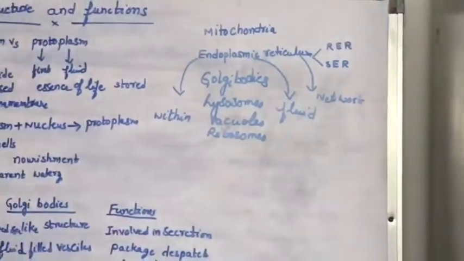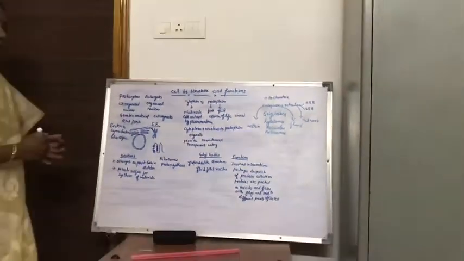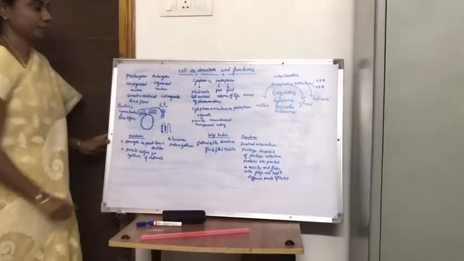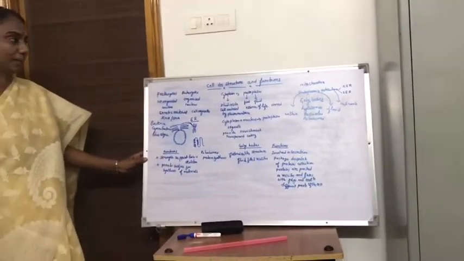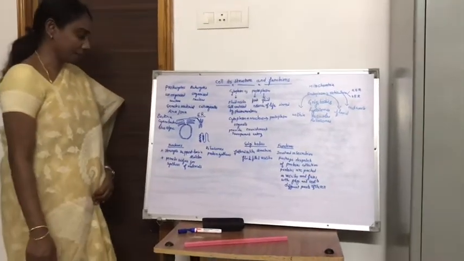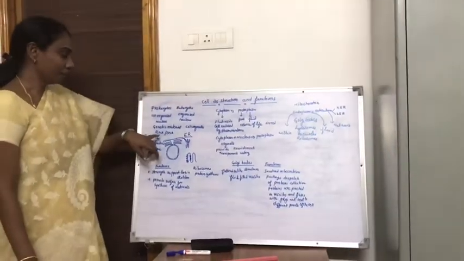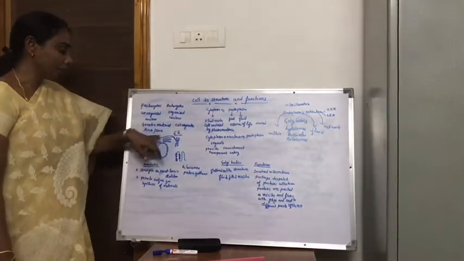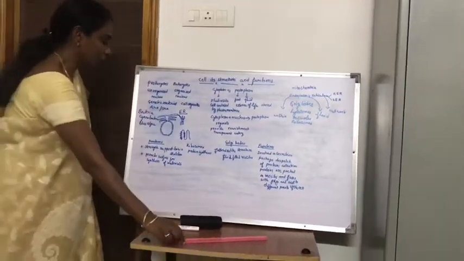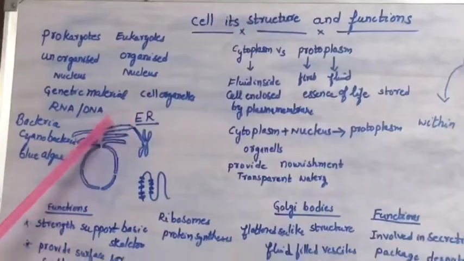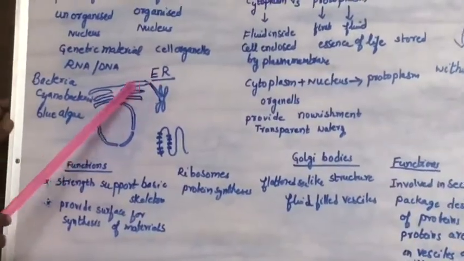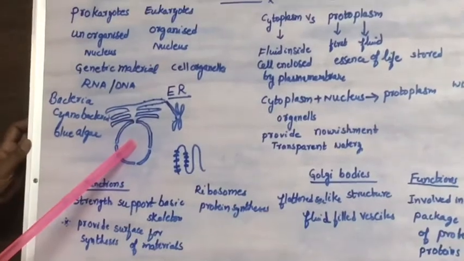So the endoplasmic reticulum is a very special structure present in the cytoplasm of the cell. Endoplasmic reticulum consists of a number of tubes and sheets connected to the nucleus.